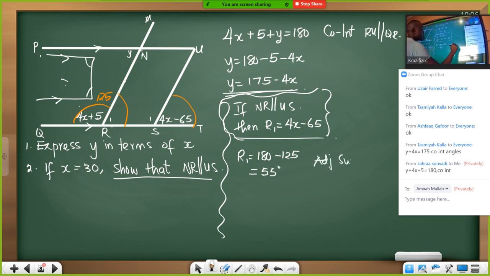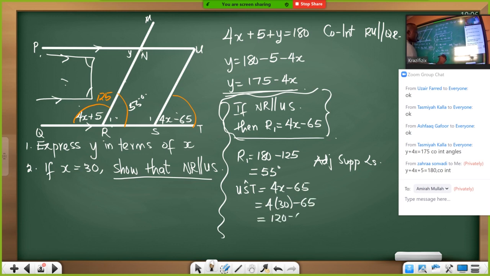Adjacent supplementary angles. If you are not okay, let me know. So I know that R1 is now 55 degrees. What is therefore this angle? Angle UST. UST is 4x minus 65. Our x is 30, right? 120 minus 65. What would that be? That would be 55 degrees.